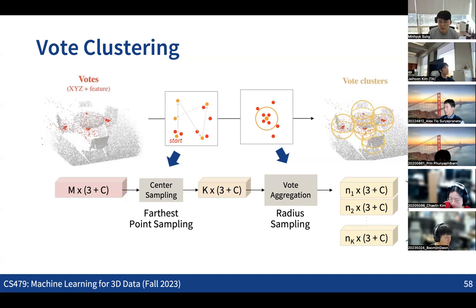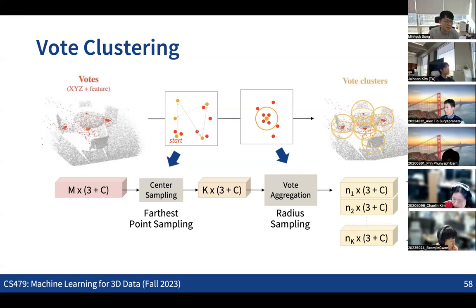So once you have one single point, the next time you find the other point which has the farthest distance to the previous one. So once you have the 2 points, you also add one more point, which is the farthest from any of these 2 points. So you can iterate this process and find a subset of the points which is kind of uniformly distributed over the given set of points.